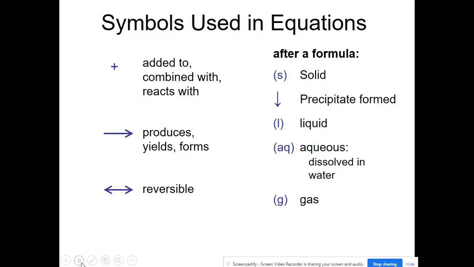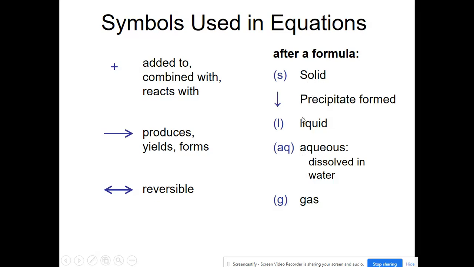Other symbols you're going to see are if you have 2 things that are being added to or combined with, we use a plus sign. An arrow represents produces, yields, or forms. A double arrow represents reversible reaction. That means a reaction that could go in either direction. If you see an S, L, AQ, or G, that's telling you something about the state of matter.